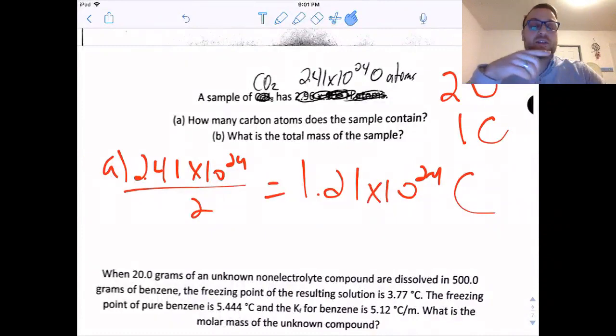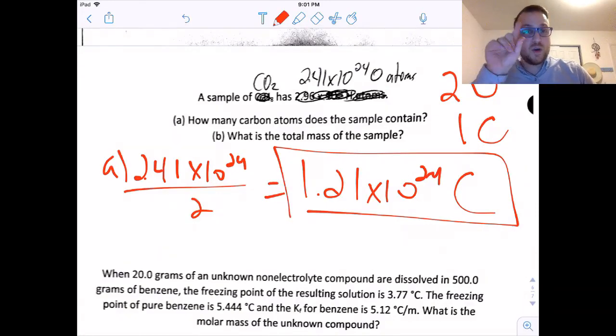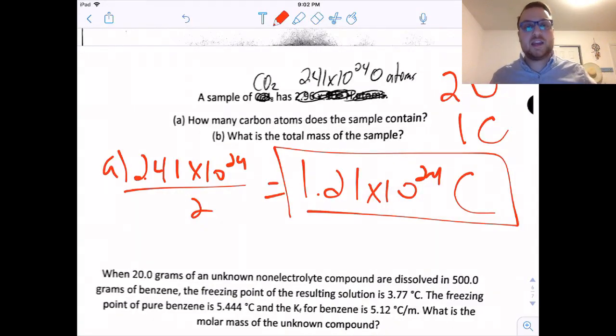But since I have more than 1 mole of carbons, because 1 mole is 6 times 10 to the 23rd, that should be a light bulb going off that you have more than 1 mole of carbon dioxide. There's 1 mole of carbon in every mole of carbon dioxide, so I have to have more than 1 mole of carbon dioxide.